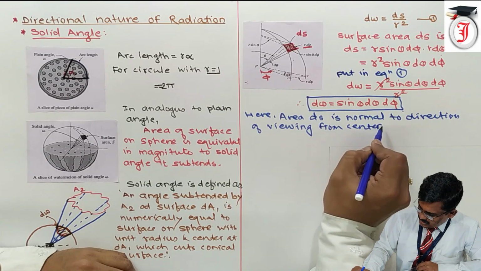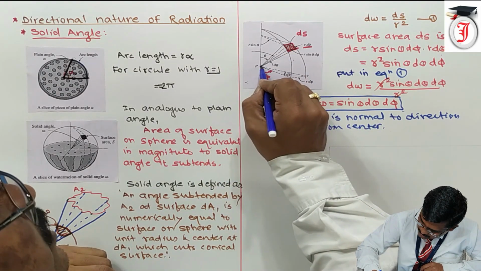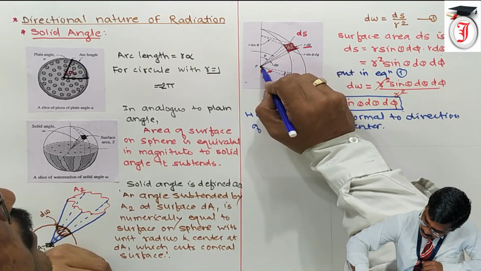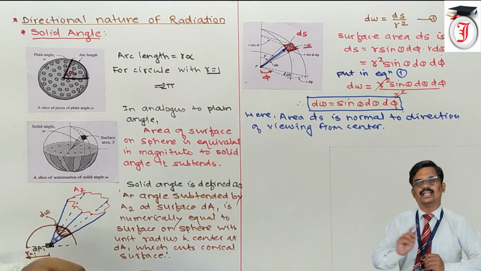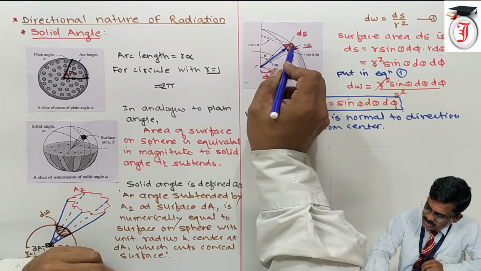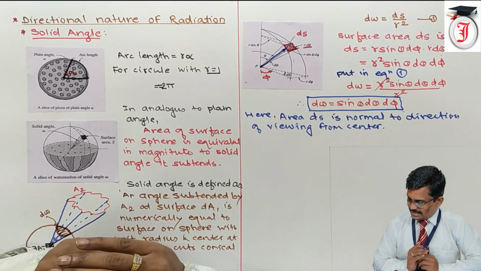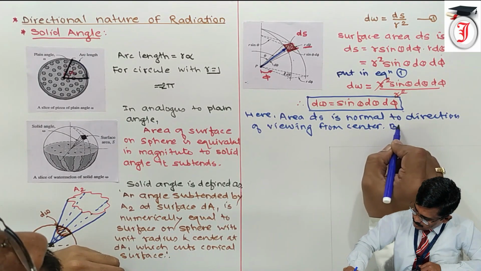Let us understand the meaning of this statement. When we are looking from the center of a sphere at this area ds, this surface is normal to the direction. When we are looking from the center towards this surface area, it is normal to the direction.